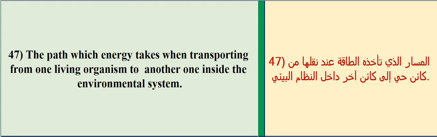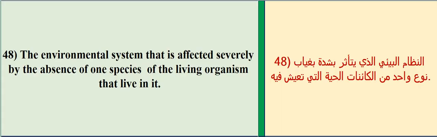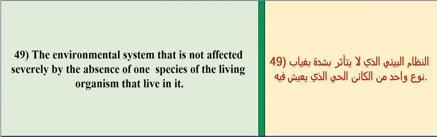47. The path which energy takes when transporting from one living organism to another inside the environmental system. 48. The environmental system that is affected severely by the absence of one species of the living organisms that live in it. 49.